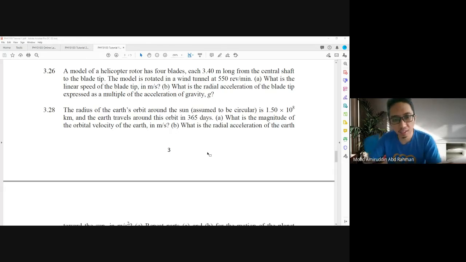Equivalently, you will obtain back 1.13 times 10 to the 4. So the final answer will be 1.15 times 10 to the 3 G, the answer for 3.26.